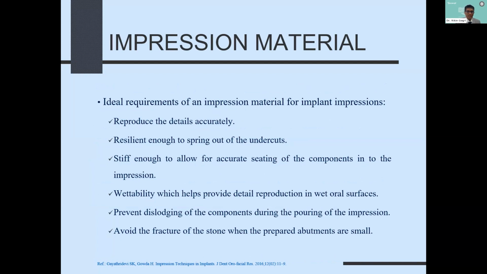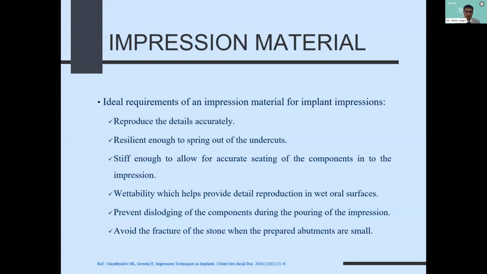It should reproduce the details accurately, should be resilient enough to spring out of the undercuts, because when you snap the entire impression, you have an implant angulation. Sometimes the teeth are in a particular angle, but the implant abutment is coming at a different angle. Then when the entire tray is pulled out, your material should have that scope that it will retract from that position and go back to where it was.